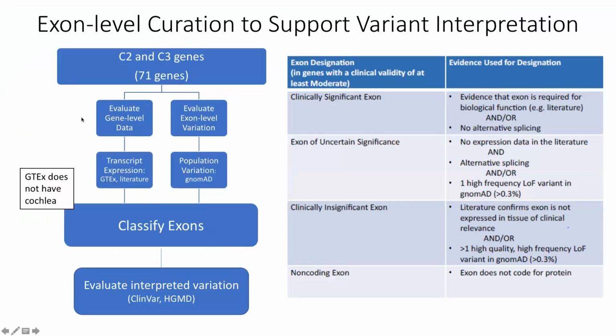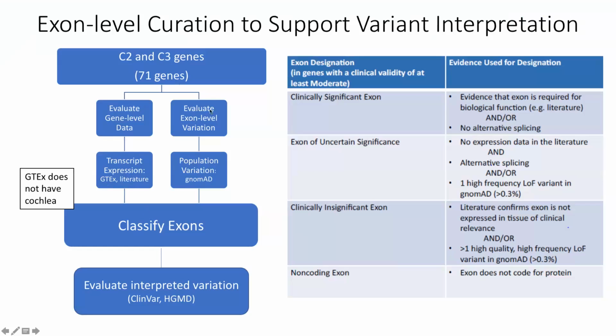And so what we did was we looked at the gene level data and the exon level data for these genes. So for gene level data, we wanted to look at transcript expression. Where was the transcript expressed? Is there information in the literature? If there was, we were very lucky and we used that. If not, we went to GTEx and tried to look across all tissues because, like I said, we don't have any expression data for cochlea. And we used this to classify exons.